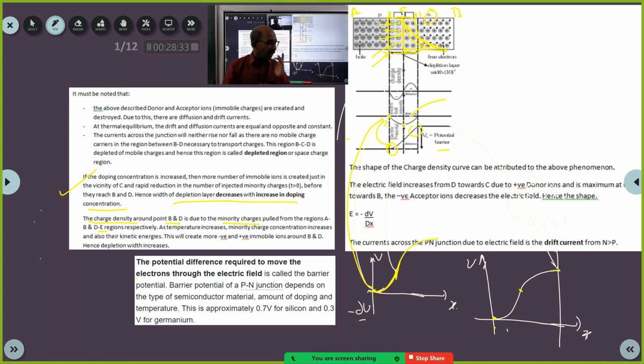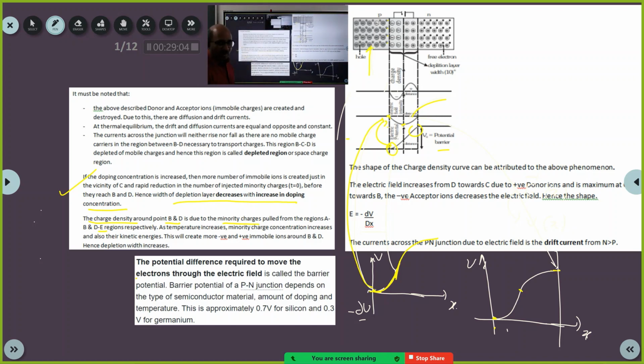Now here you see there are dopant atoms here, and there are holes here. If the temperature increases, the number of free electrons will also increase on this side.